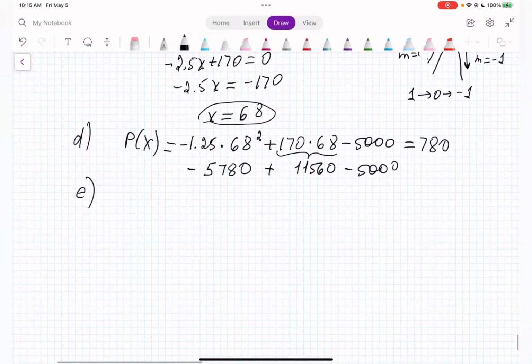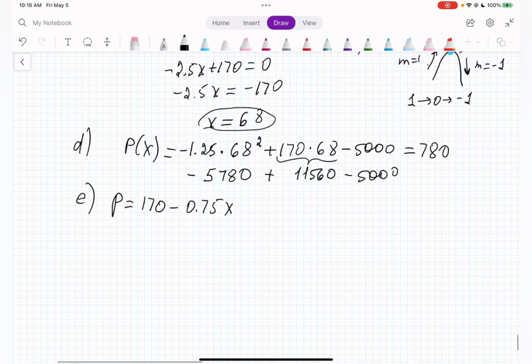So P is equal 170 minus 0.75x, and we are plugging x equal 68.